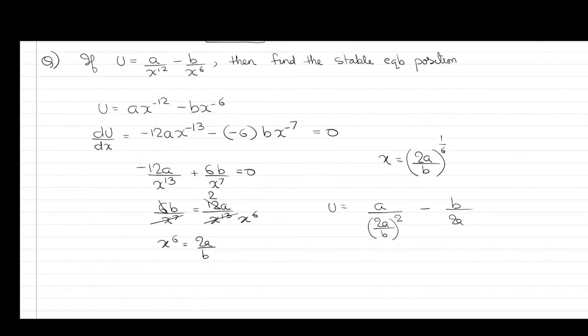So it will be 2A upon B. So U will be A upon 4A square upon B square, minus B upon 2A upon B. So we will get B square upon 4A minus B square upon 2A. This will be U minimum, and it will be minus B square upon 4A.